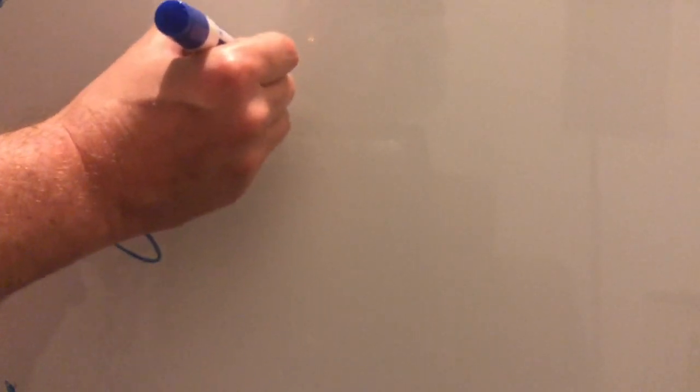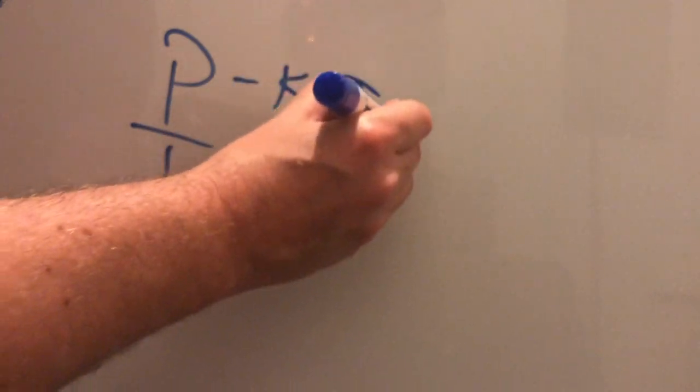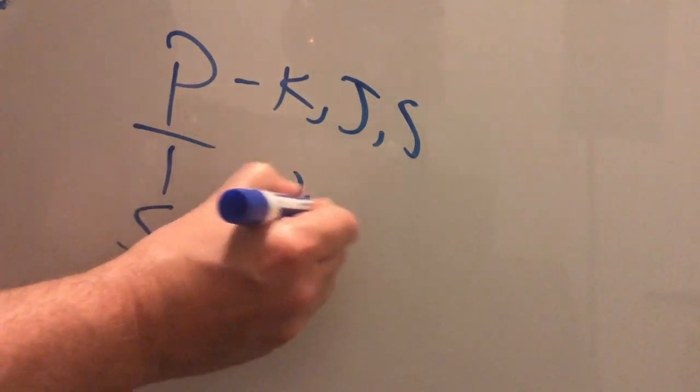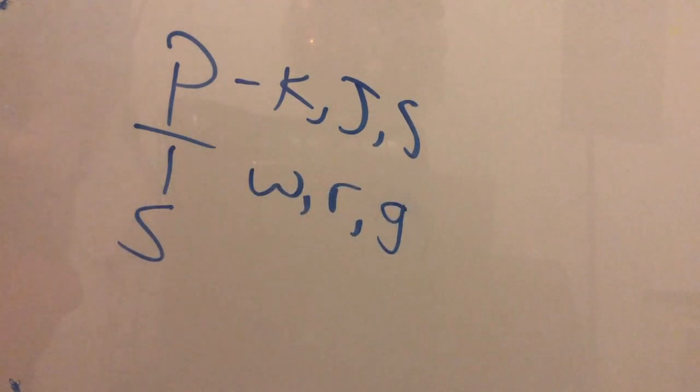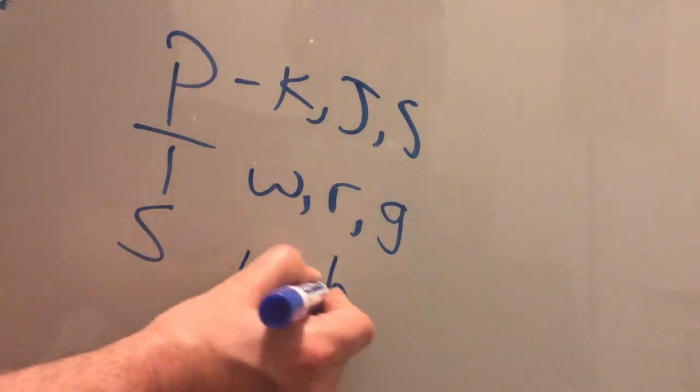The 3 arrangements for the pants are khakis, jeans, and shorts. The 3 arrangements for the t-shirts are by color: white, red, and green. And for socks, he only packed 2 possibilities, white and black.